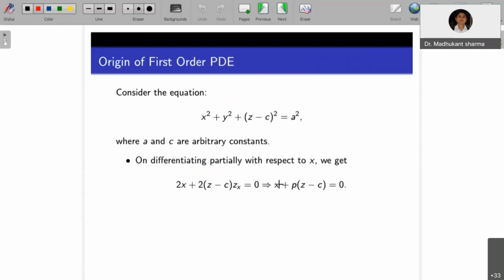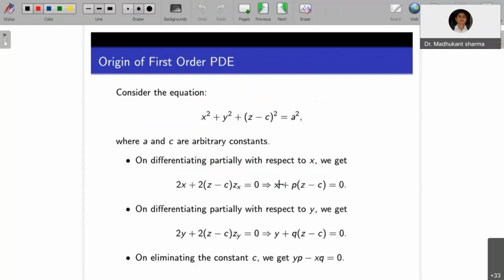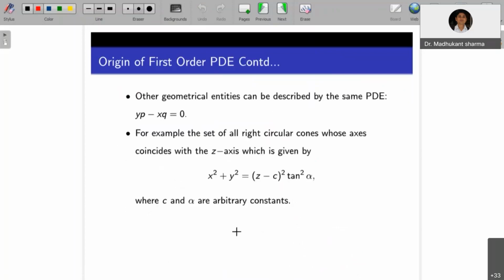Now, as I mentioned, this is the associated partial differential equation. Now we will try to answer whether this is the only family which is the solution of this partial differential equation. The answer is no. For that, consider the family of all right circular cones.